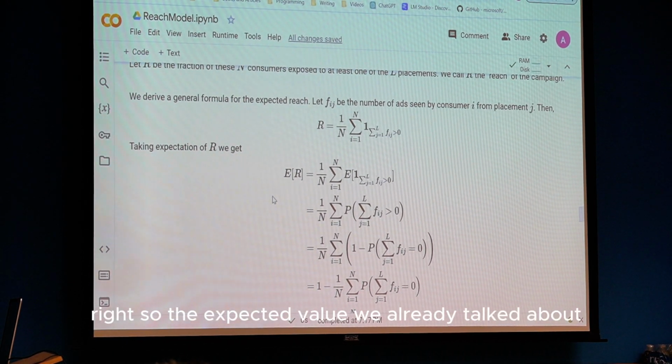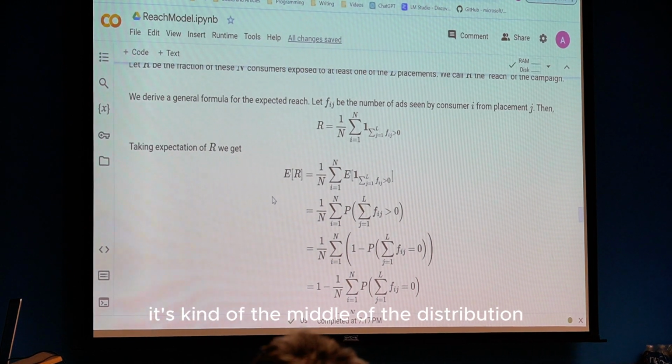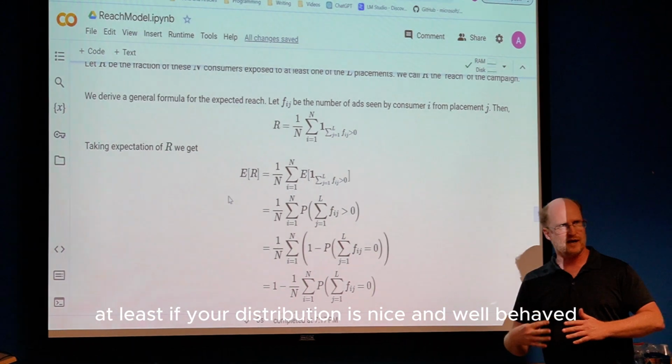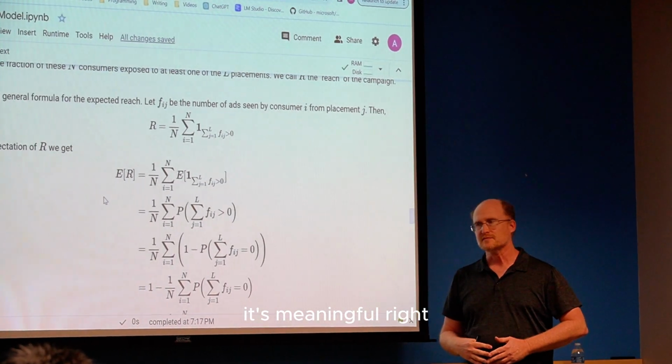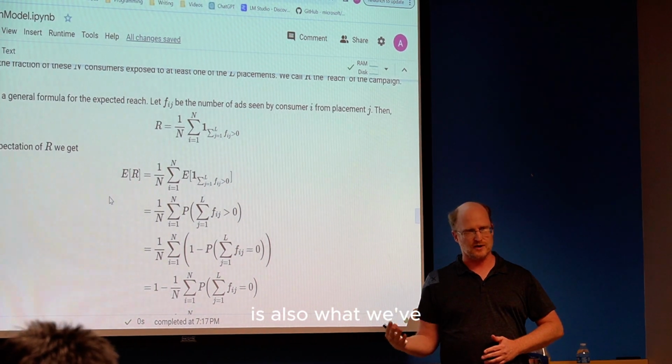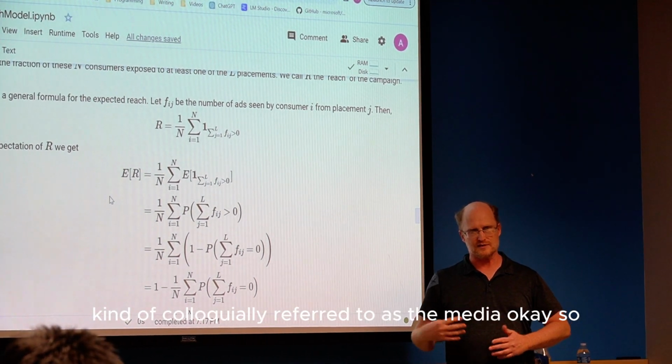We already talked about the expected value. It's kind of the middle of the distribution, at least if your distribution is nice and well behaved. The expected value is also what we've colloquially referred to as the mean.